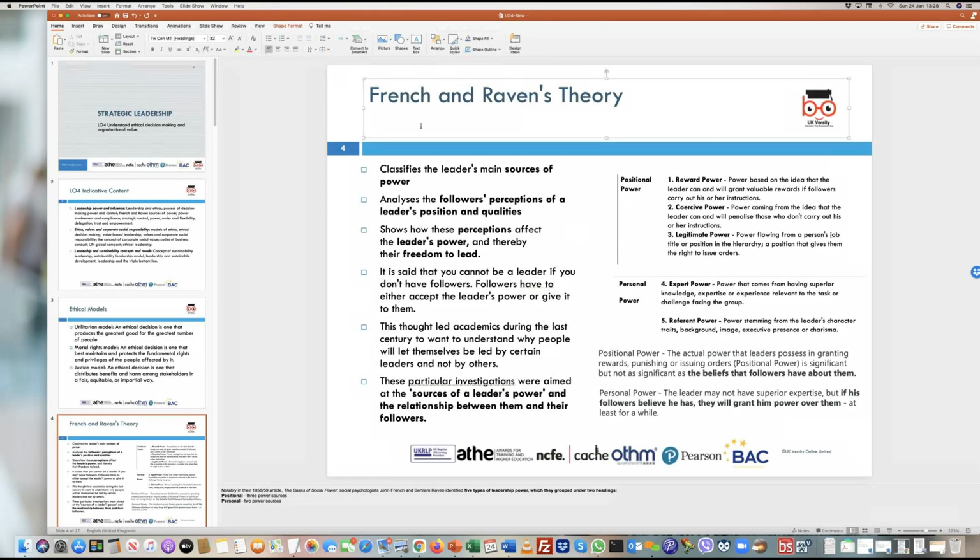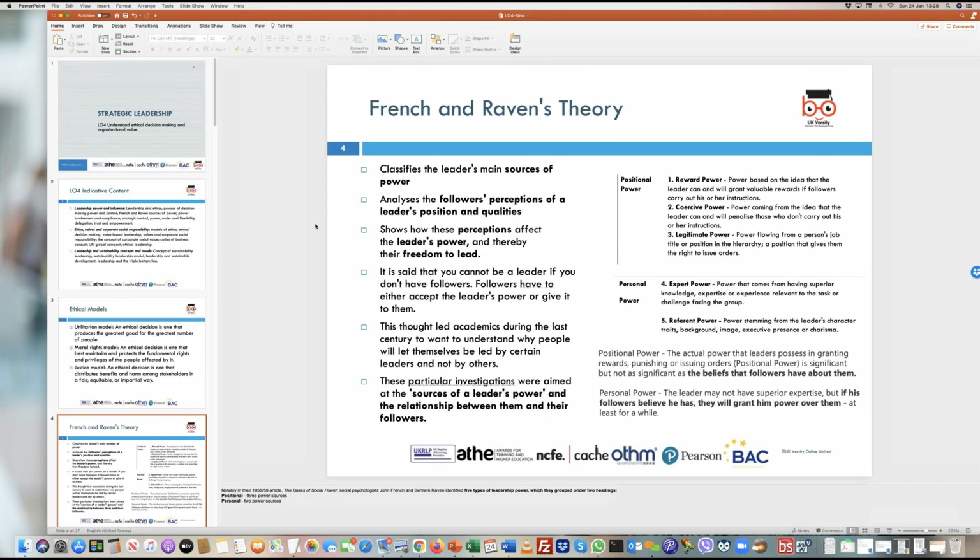Now, the second thing that we want to understand from the point of view of this particular learning outcome, wherein we are looking at ethical decision making and how leaders help in the creation of value for the organization, is that people in leadership within any organization, business, public or private sector, whatever it is, wield certain power.